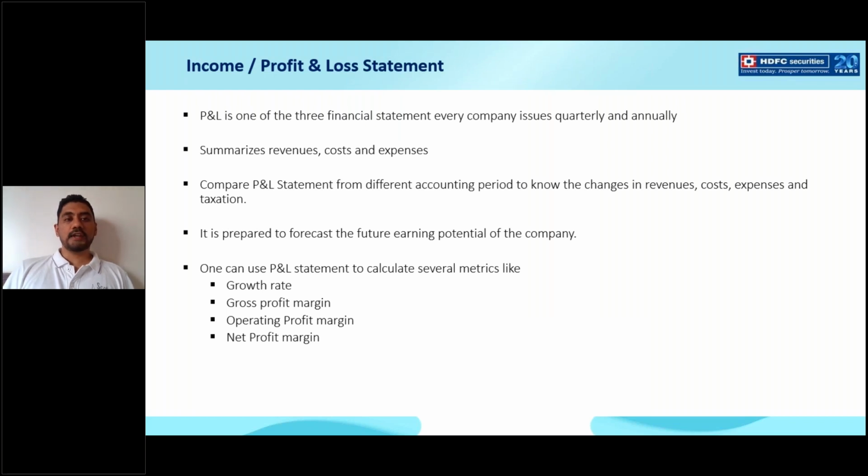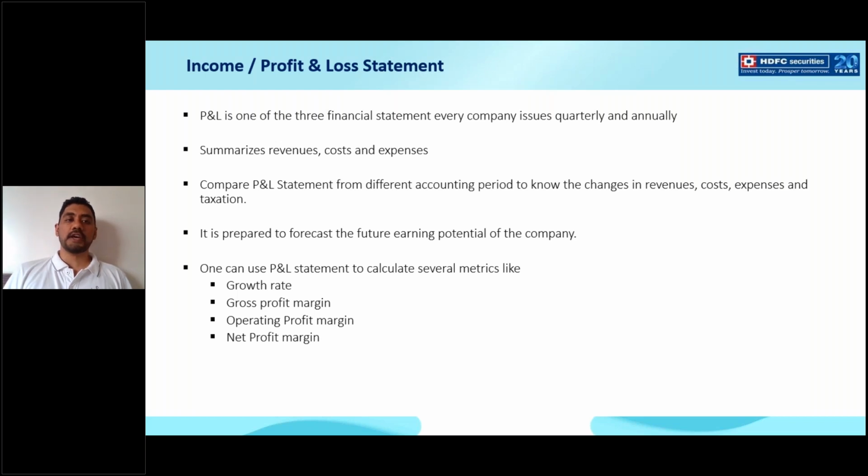So we'll start our analysis with the most important statement, which is the profit and loss statement, which summarizes the revenues, cost, and expenses of the company during a period, which may be a quarter or the annual results. It is one of the three financial statements. Every company issues the P&L statement.